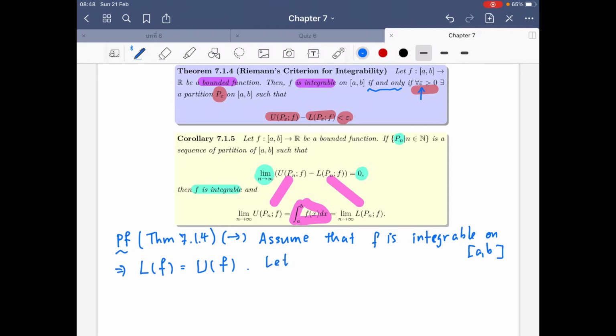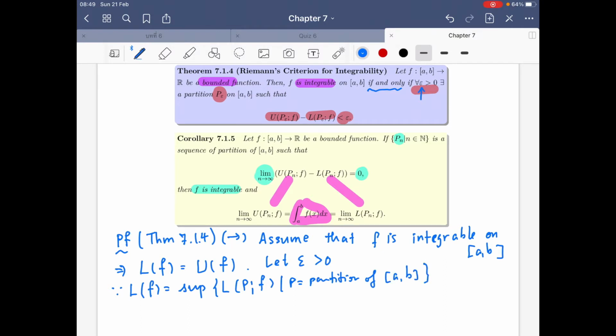So we are going to let any epsilon be given, positive, and don't forget that the lower integration and the upper integration are defined as a supremum and an infimum, right? So just recall, for the lower integral, it will be the supremum of all the lower sums L(P, f), where P is a partition of the closed interval from a to b.